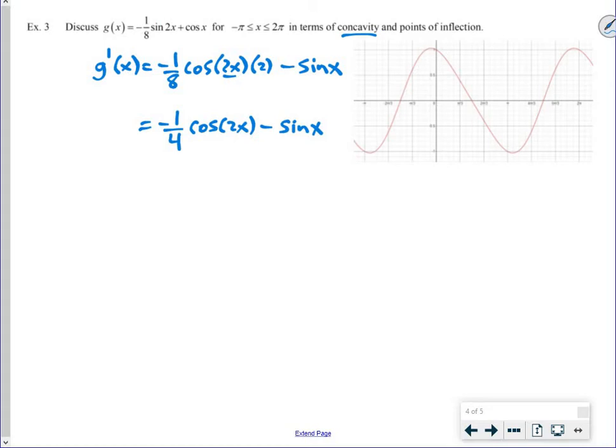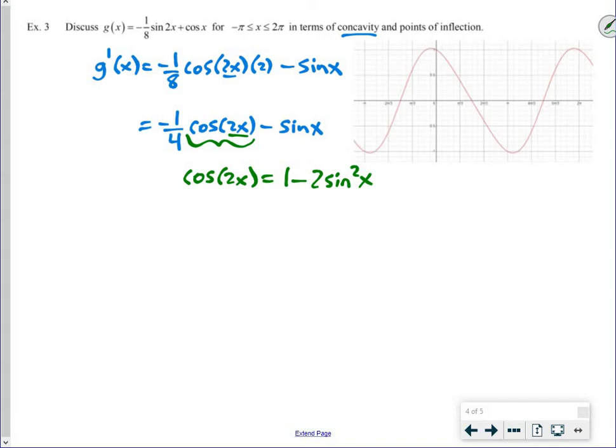Okay, you could proceed with the second derivative at this point using what you have there, but I think our lives might be a little bit simpler if I get rid of any double angle identities, and then hopefully my analysis of the terms or the factors that we might end up with will be simpler. So I'm going to use this identity: cos 2x equals 1 minus 2 sine squared of x.